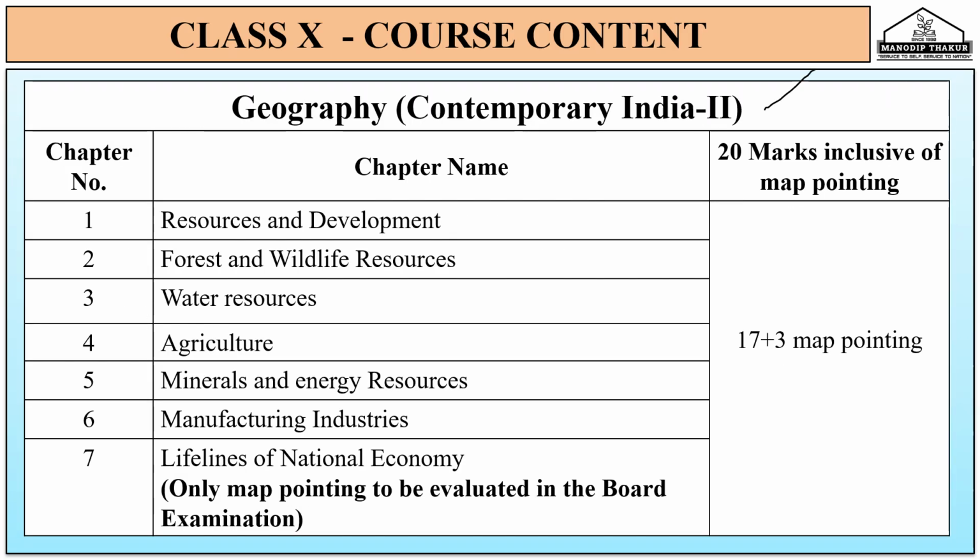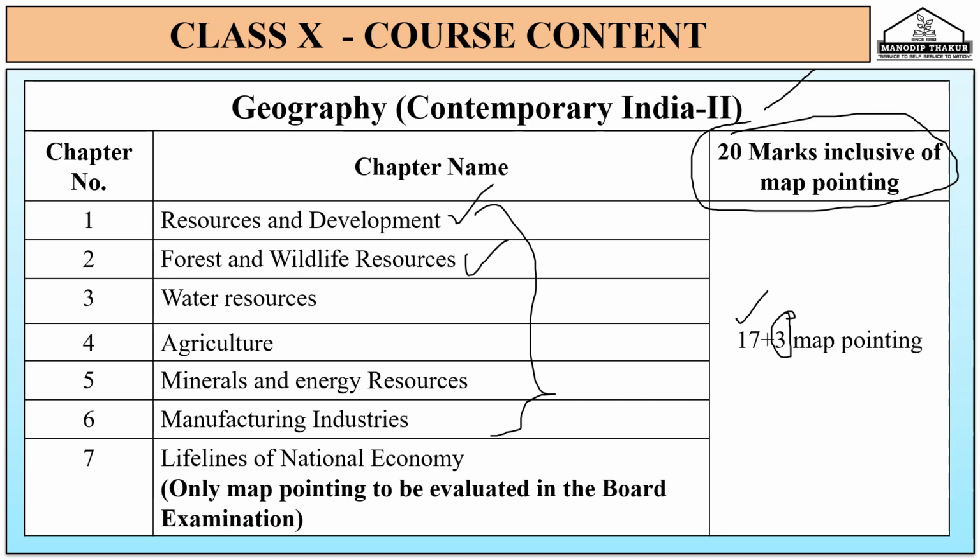Next we have geography, Contemporary India Part 2. Geography is again 20 marks inclusive of map pointing. So 3 marks will be for map pointing and 17 marks for theory. How many chapters will there be? A total of 6 chapters: first Resources and Development, second Forest and Wildlife Resources, third Water Resources, fourth Agriculture, fifth Minerals and Energy Resources, and sixth Manufacturing Industries.